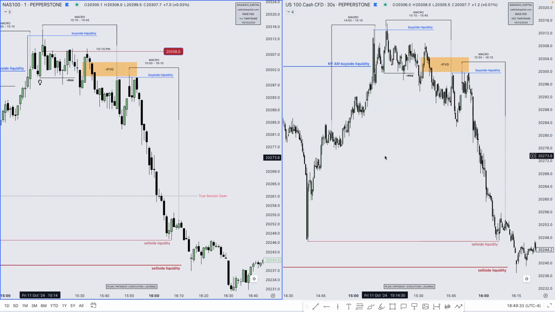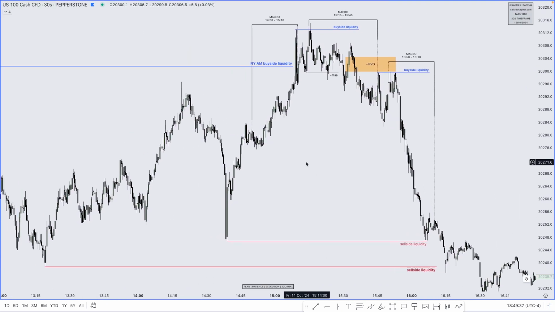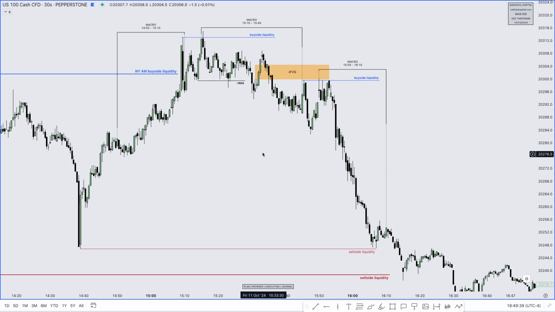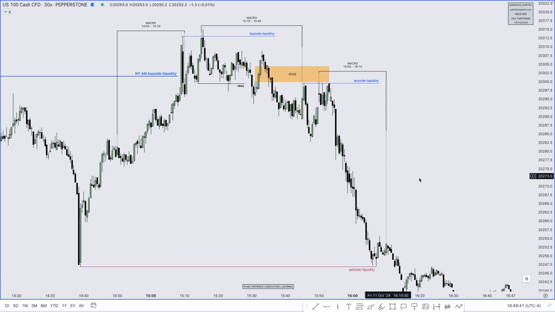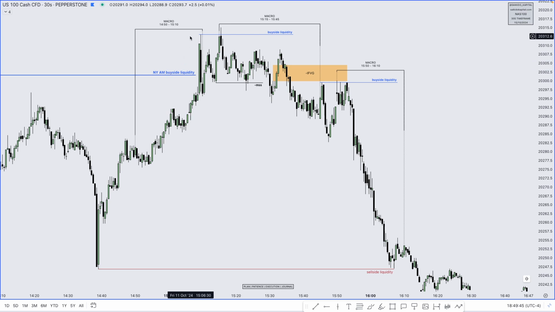Okay, so this is now the 30 seconds chart. This is what happened. I just want to zoom in on this trade on the 30 seconds chart. Buy side ran, and then we run that buy side at 315, and then this is now the consolidation.